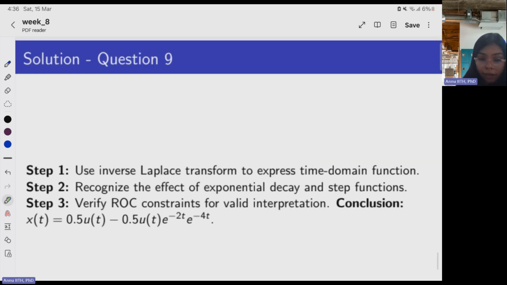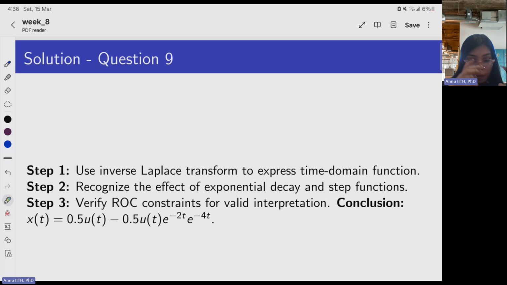For that, if you have been given a figure, use the inverse Laplace transform to express it as a time domain function. Step 2 is to identify or recognize the effect of exponential decay and the step functions.